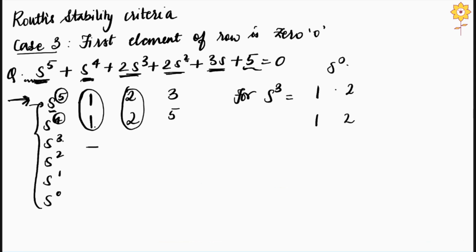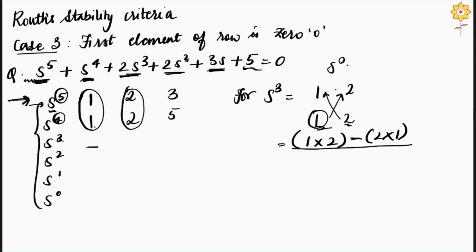So, we will be cross multiplying. We will start with this number always, okay. So, we will have 1 into 2 minus 2 into 1 divided by this number 1. After calculating, you will observe that the answer that you are getting is 0. So, you will fill in that value over here.